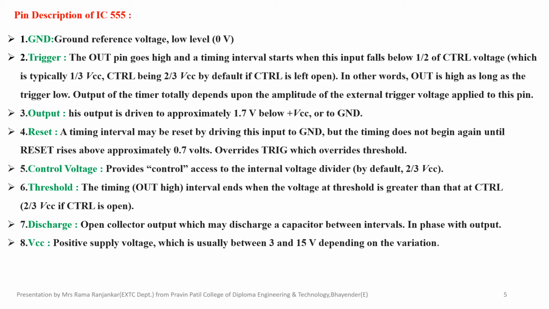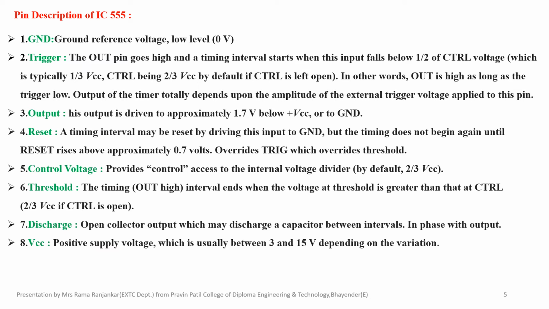Here the output is shown. Reset: a timing interval may be reset by driving this input to ground, but the timing does not begin again until the reset rises above approximately 0.7 volt. So reset overrides the trigger input, which overrides the threshold. Control voltage provides control access to the internal voltage divider.